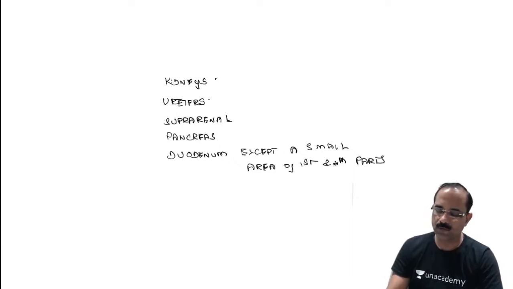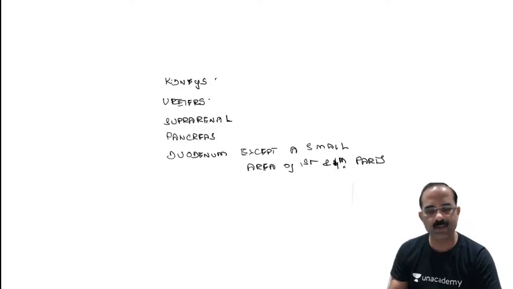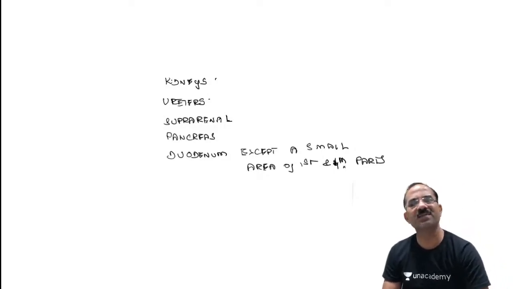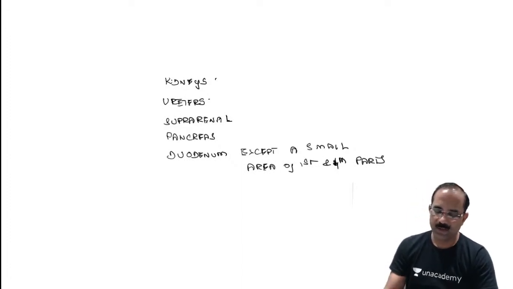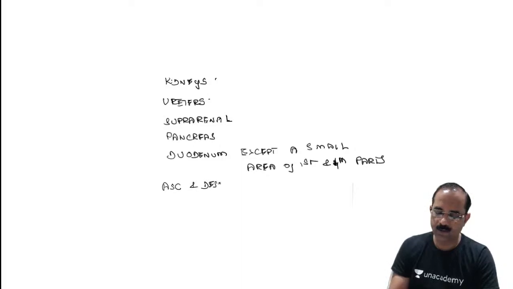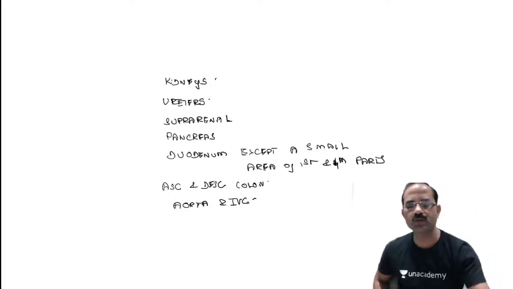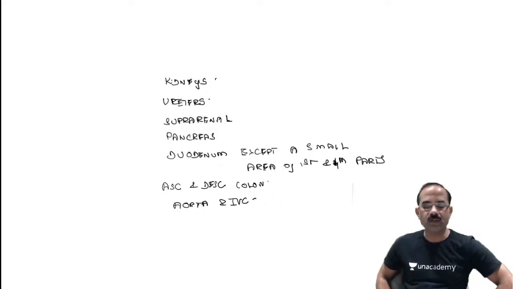A small area of the first and the fourth part is inside the peritoneum. We call this intraperitoneal, small area. Then ascending and descending colon, aorta and IVC. So just remember this. This is the list of retroperitoneal organs.